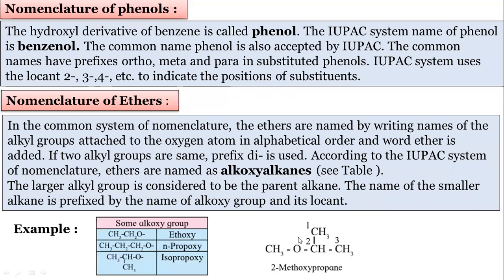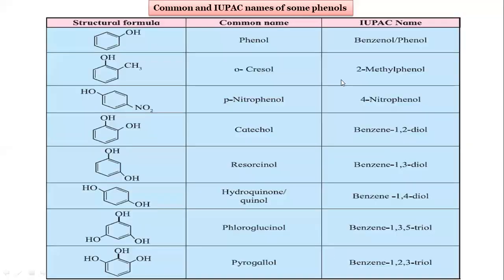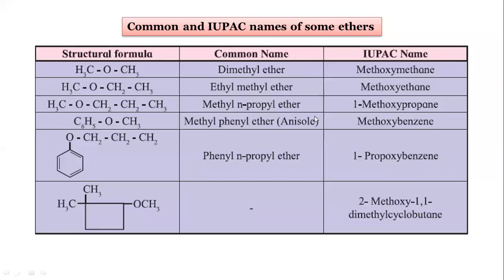So the common name is very easy, but in the IUPAC nomenclature system, we have to use methoxy, ethoxy. Parent alkane means the longer one. We have to consider the larger group as the parent alkane. I will come to this chart, then we will understand very easily.